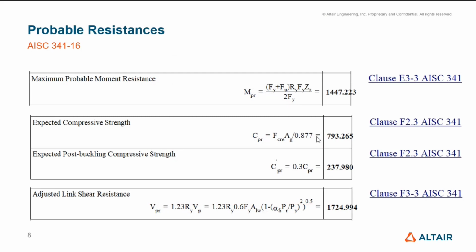And S-Steel also calculates and reports the probable resistance for the members that are supposed to yield under seismic loading, such as the beam in a moment frame or the brace in a brace frame. For instance, the Ry in some of the formulas represents the ratio of the expected yield stress to the specified yield stress Fy.